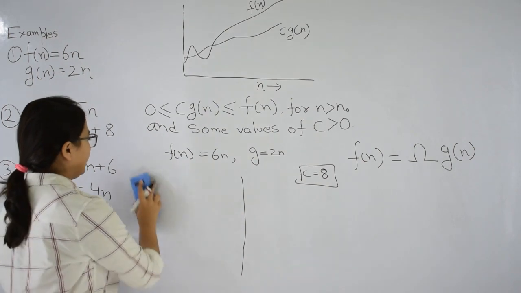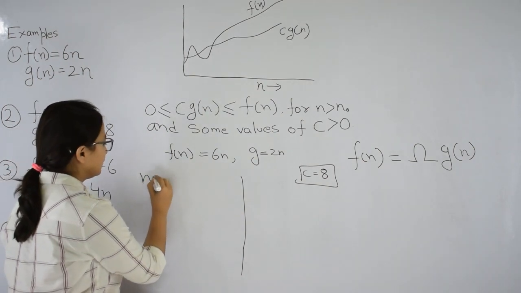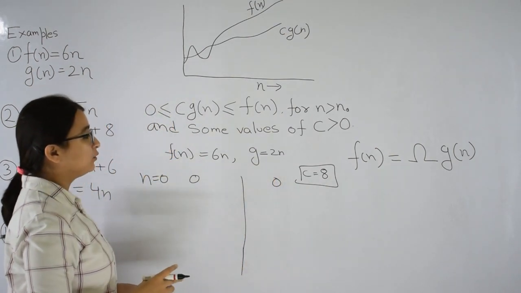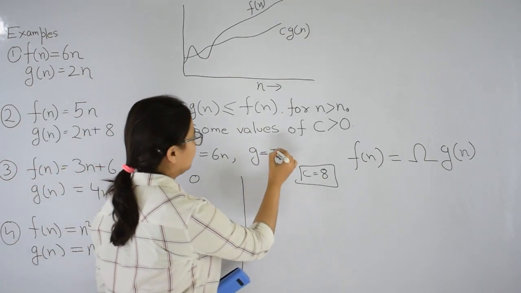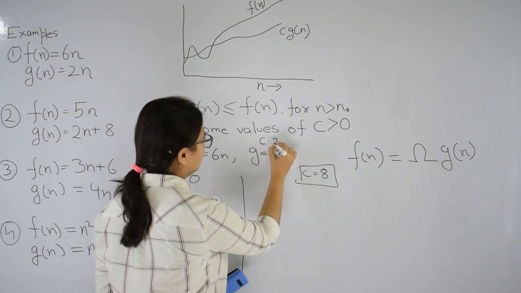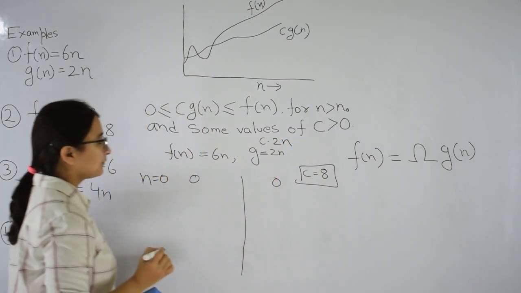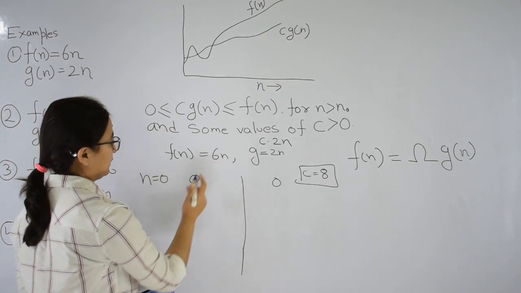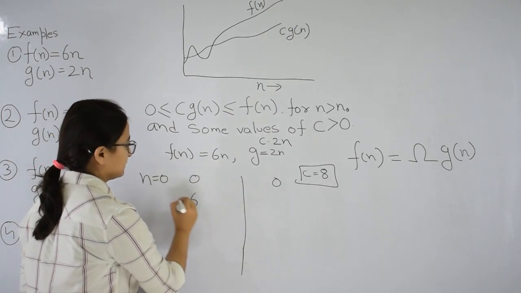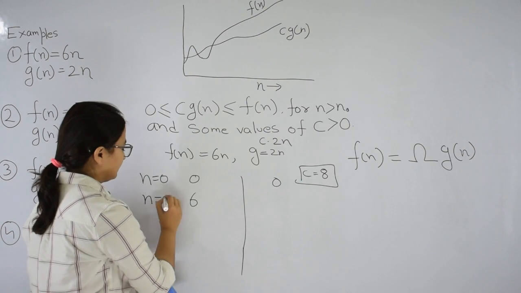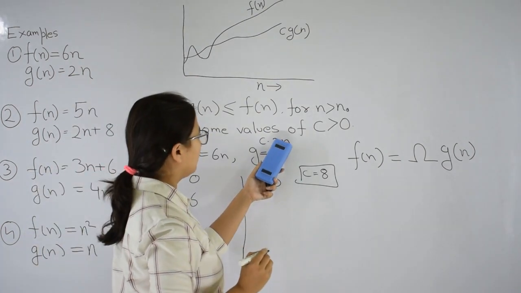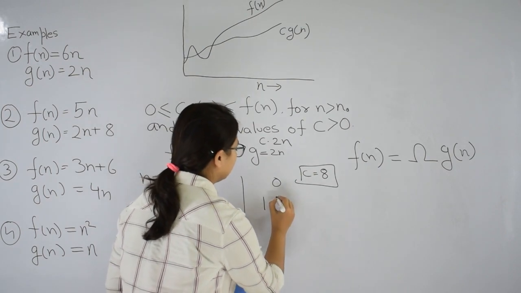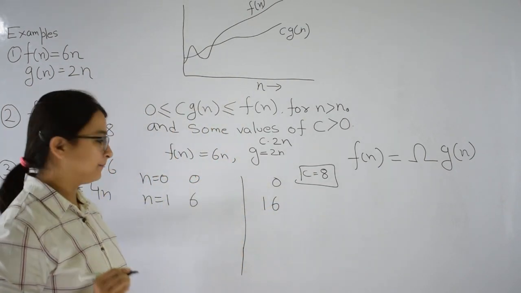At c is equal to 8, at n is equal to 0, they both become 0. But at n is equal to 1, here we have c into 2 into n. So at n is equal to 1, f of n will be 6, and g of n will be 2 into 1, 2, 2 into 8, which will become 16.